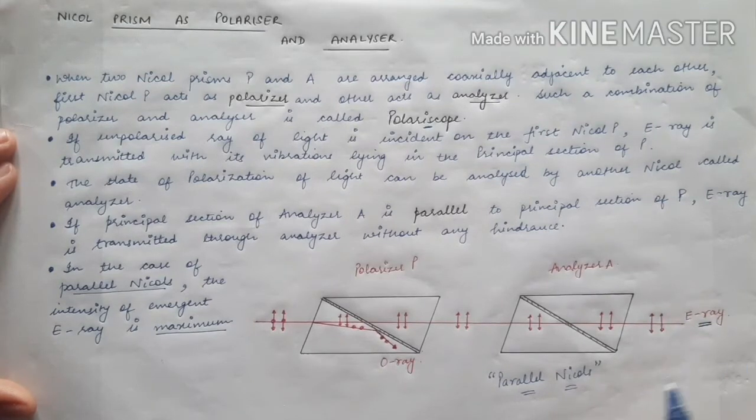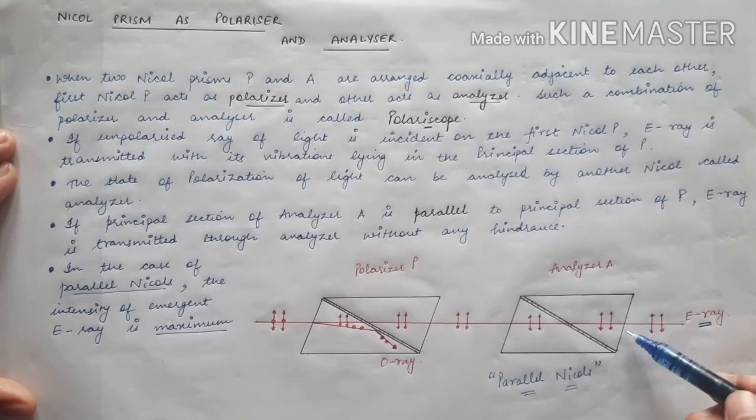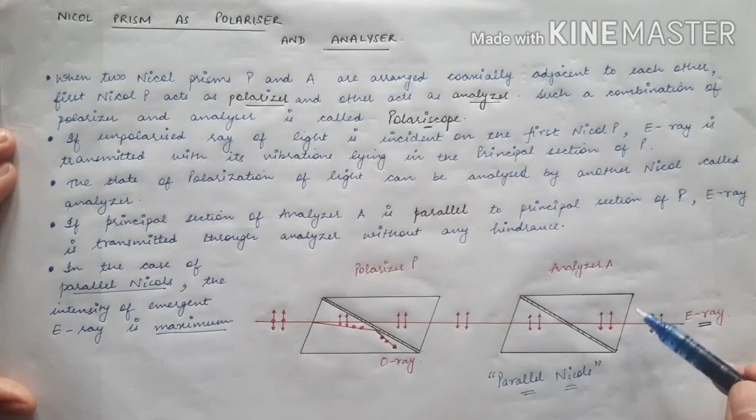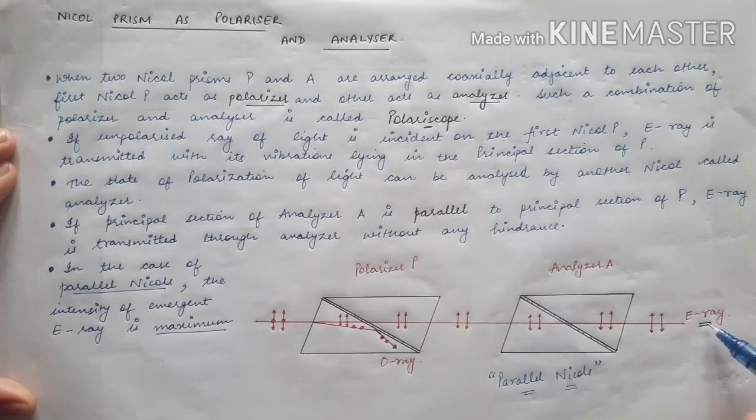Now what will we do next? Now we will start rotating this second Nicol prism. With the rotation of the second Nicol prism, its principal section will also start rotating. Therefore the intensity of the transmitted ray will start reducing. The intensity of this transmitted ray is maximum when the principal sections are parallel to each other.